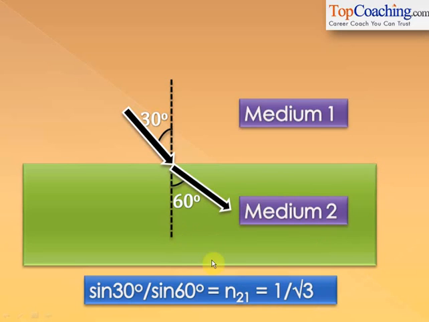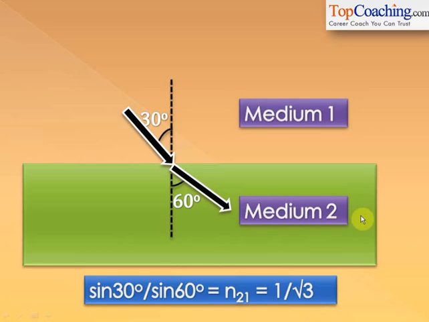That's because sin 30 degrees is 1 by 2 and sin 60 degrees is root 3 by 2. So sin 30 degrees by sin 60 degrees is 1 by root 3. So the refractive index of medium 2 with respect to medium 1 is 1 by root 3.